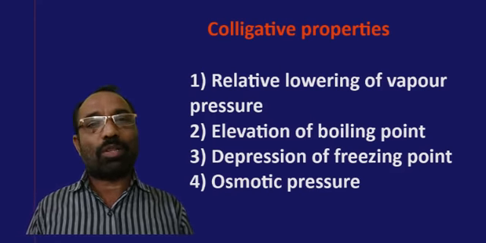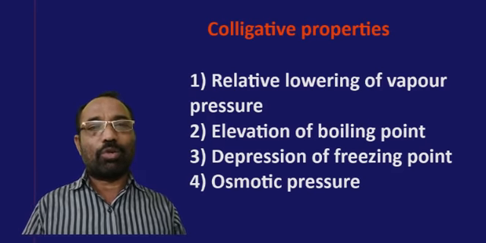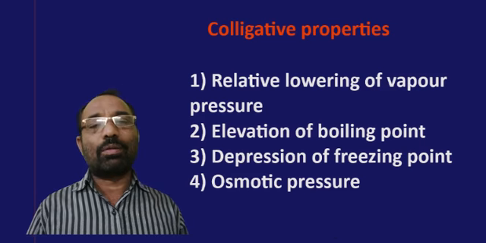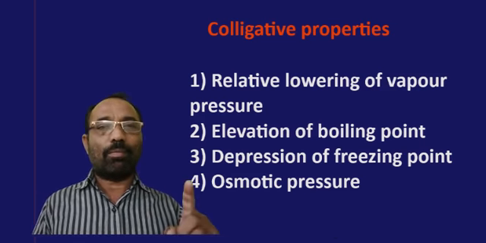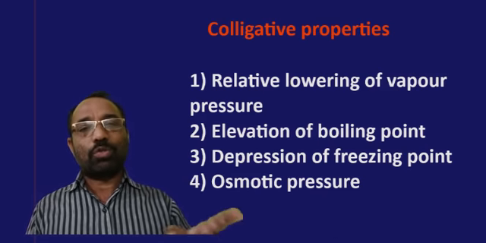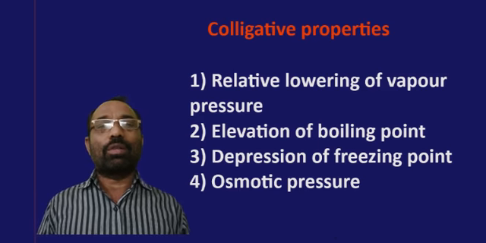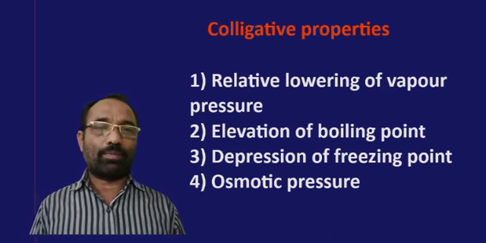It boils at more than the first solution's value. It means the more solute particles there are, the higher the boiling point of the solution. Therefore, the boiling point of a solution depends upon the number of solute particles, and the elevation of boiling point is a good example of a colligative property.